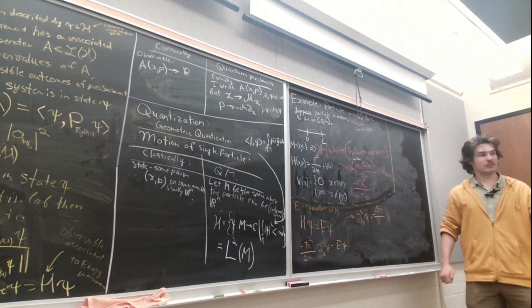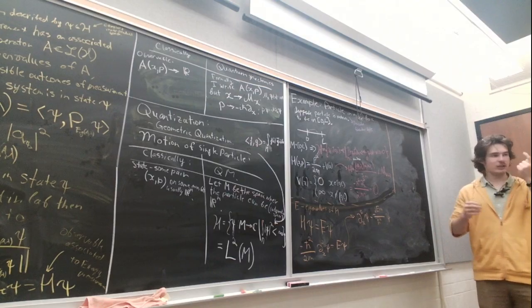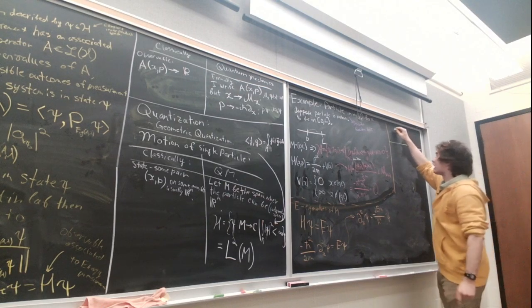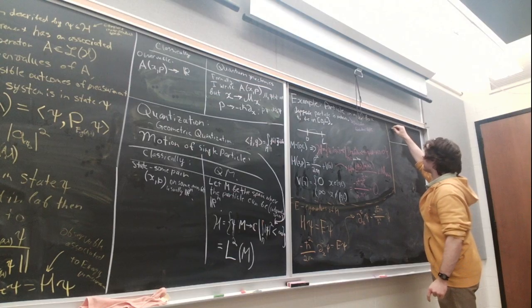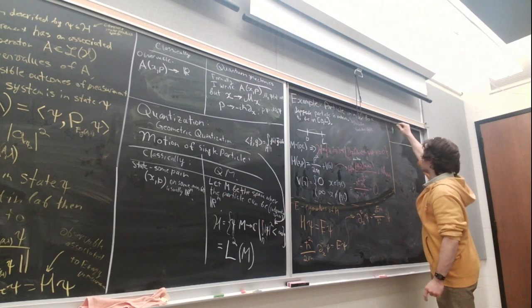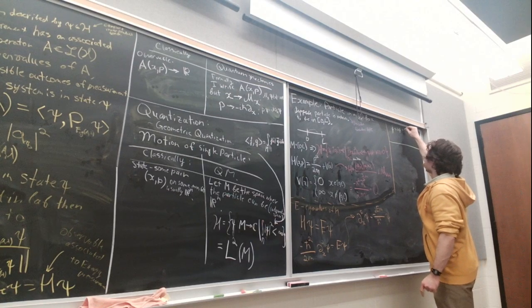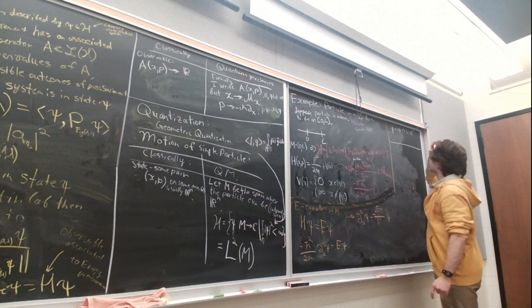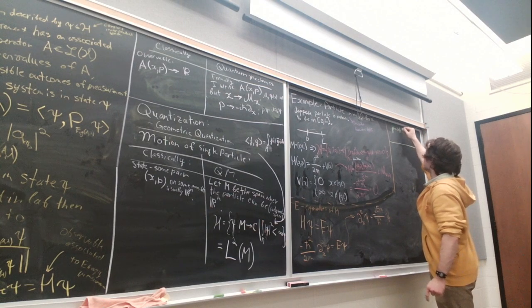You should have two facts ingrained in your memory. If you have some differential equation f dot is equal to lambda f, then the solution is a constant times e to the lambda t. Suppose these are functions of t.